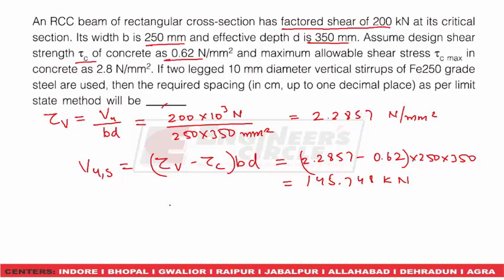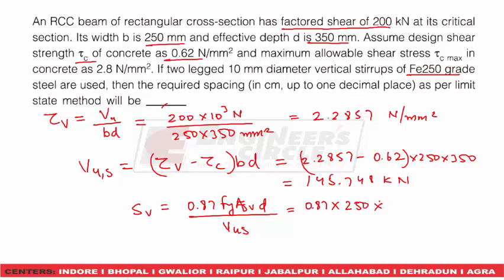Now the spacing is given by 0.87 Fy ASV D by VUS. So putting the values, 0.87 Fy, it is given to us Fe 250, so 250 into ASV. Area is two-legged 10 mm diameter vertical stirrup, so ASV will be equal to 2 into pi by 4 into 10 square.